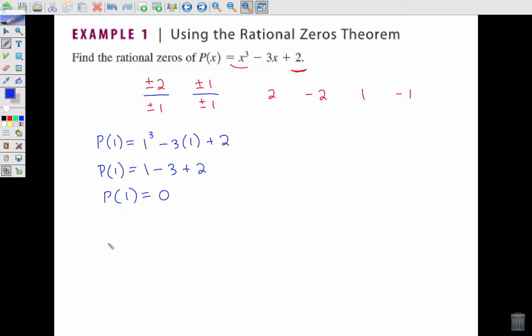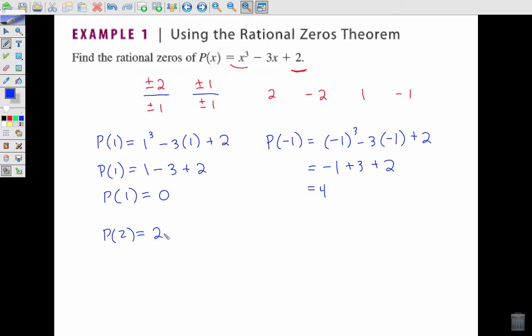So 1 is a 0. We have a possibility of 3 zeros, so let's try the others. Let's try negative 1. So negative 1 to the third minus 3 times negative 1 plus 2 is negative 1 plus 3 plus 2, which is 4. So this is not a 0. Let's try 2 and negative 2 now.